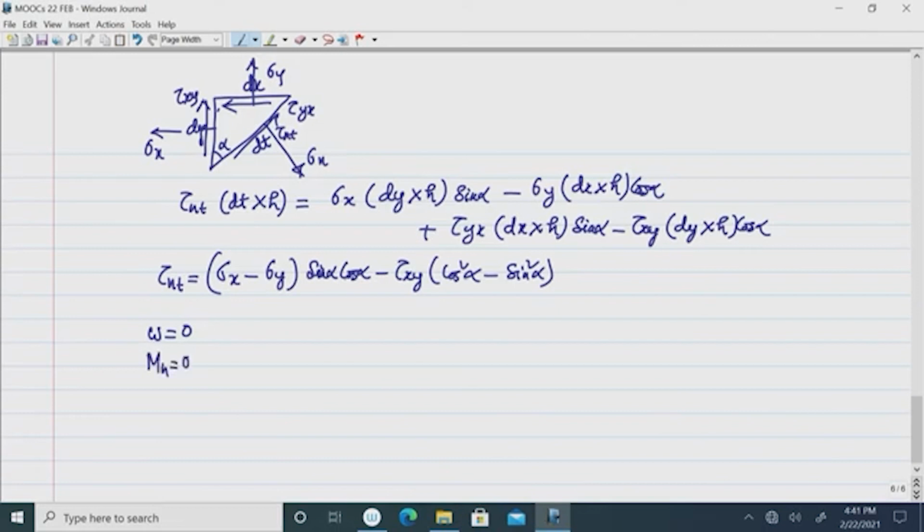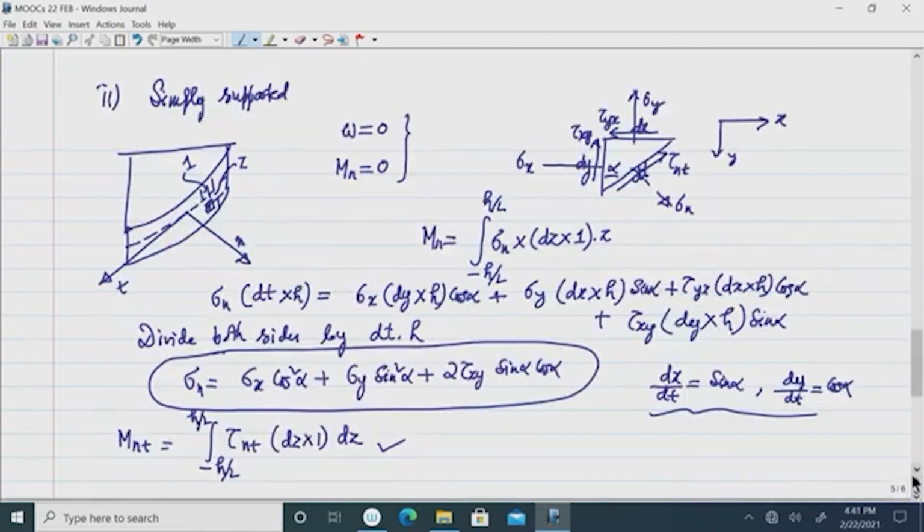Now, m n: after substituting the expressions for sigma x, tau n, sigma n that we have obtained into the expression of this moment, you will be able to get m n.